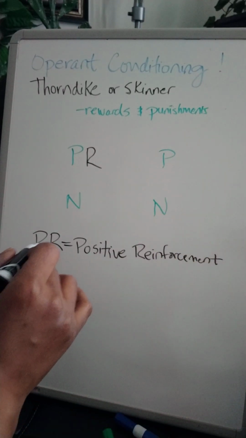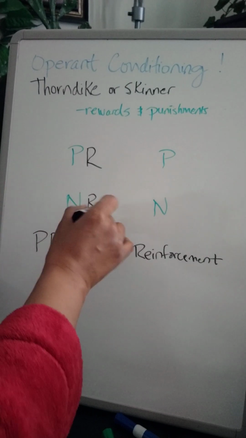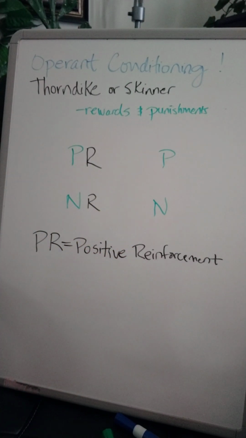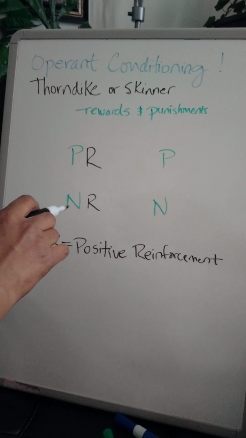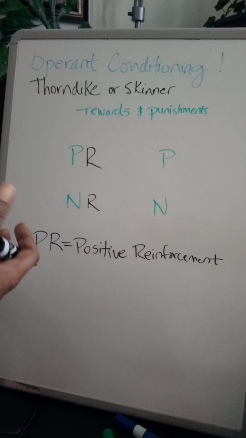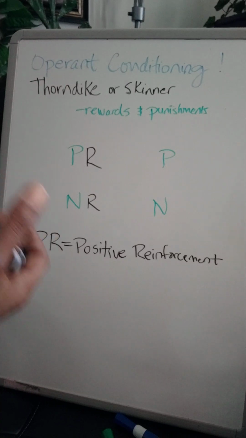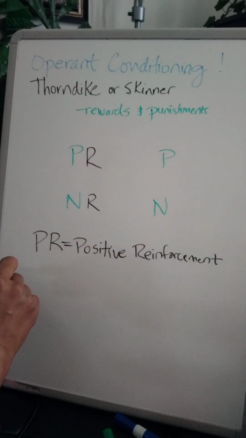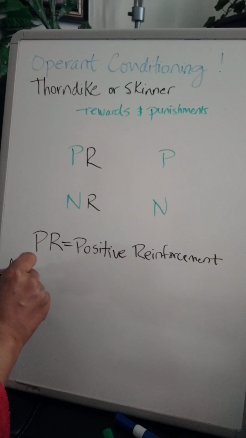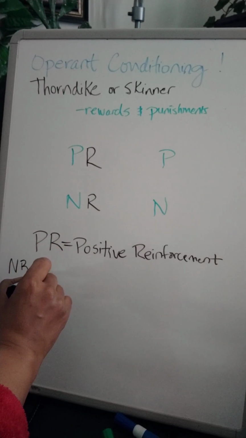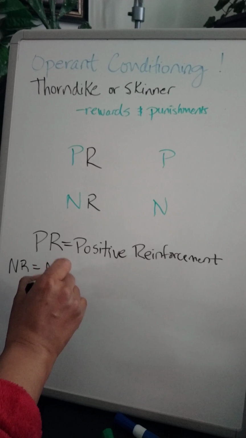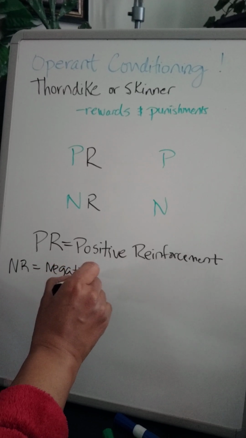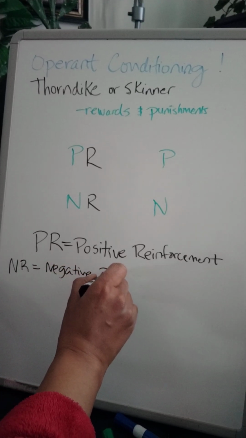Then we're going to have our NR because we still want to increase a behavior. It seems like it's negative, but we're just removing something bad because we want to increase a positive behavior. So next, we're going to put our NR down here in the codes, and this will be our negative reinforcement.